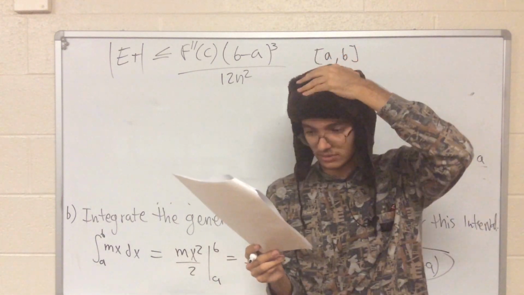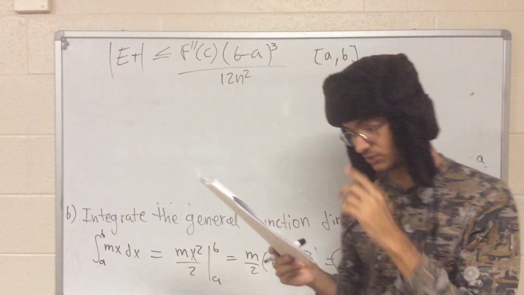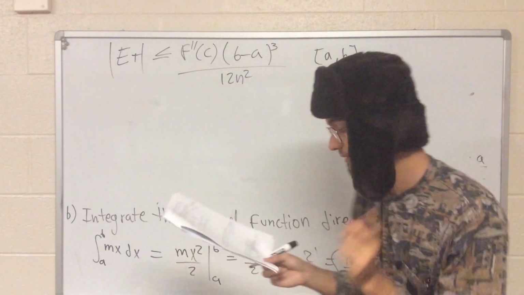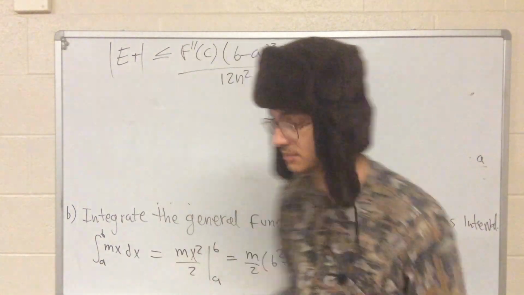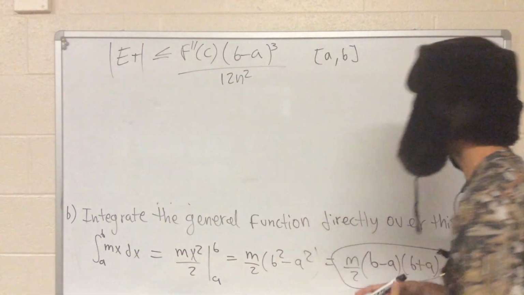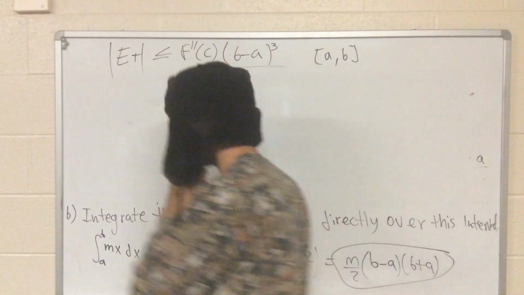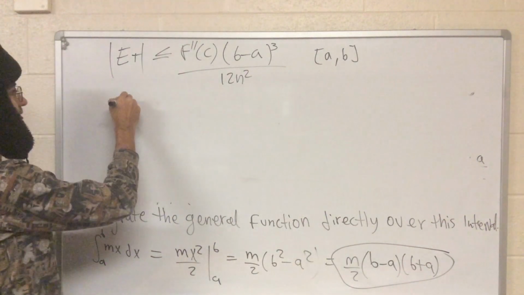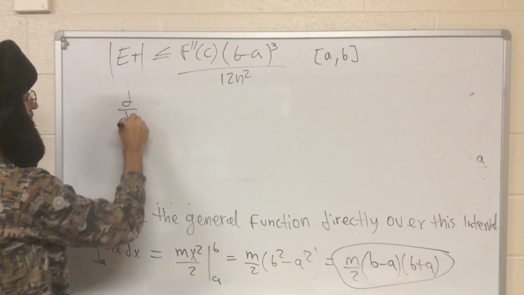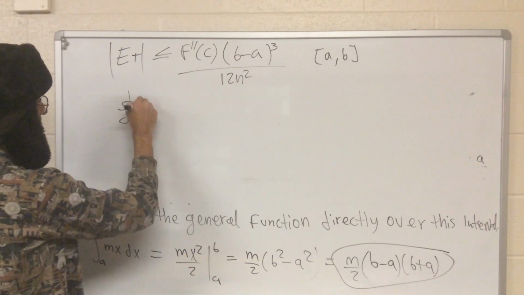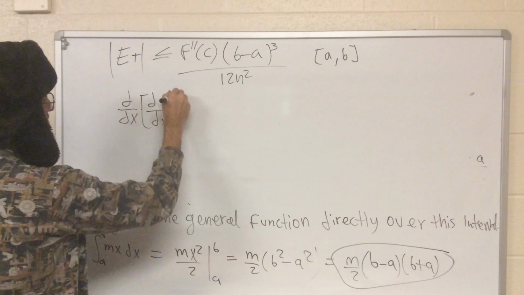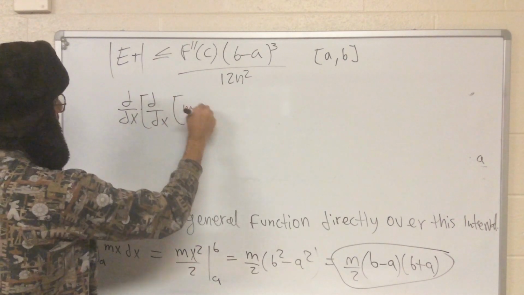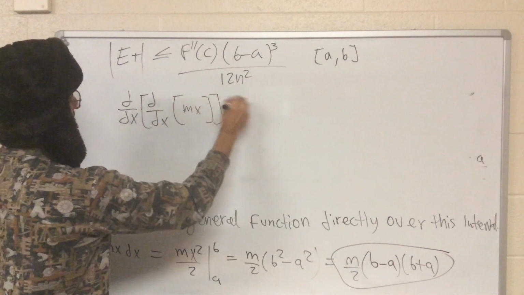Use this to explain the difference between your answers in part A and part B. Well, we saw that the difference in answering part A and B was absolutely 0. They were exactly the same. And that is because the second derivative, d over dx of d over dx of mx, will just be equal to 0.